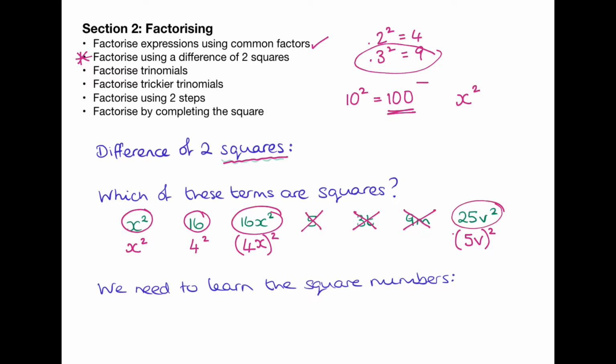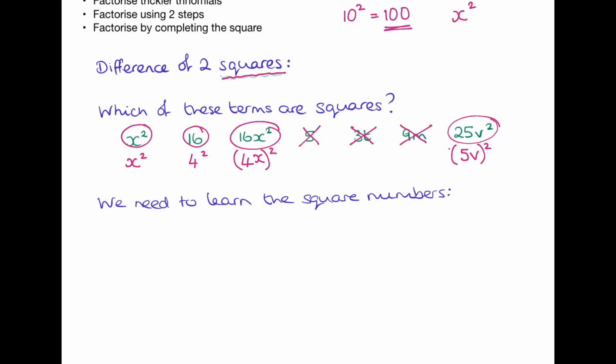So terms that are squares are ones where, if there's a number in it, the number is a square number, and the letter term has to be squared as well. It has to be something squared. So in order to be able to do this properly, we're going to need to learn our square numbers. This is a job that I need you to do.